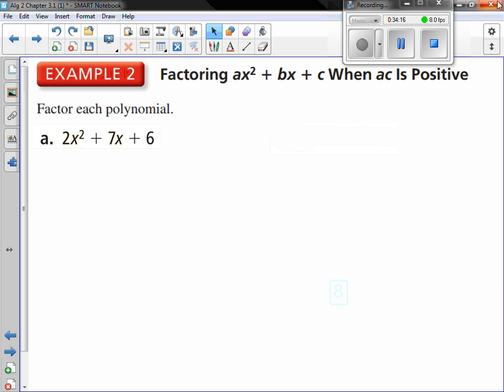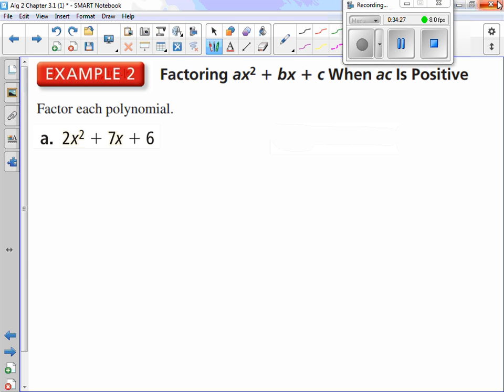I want to look back at this one. We might not get done before the bell completely, and I'll give you the answer as soon as the bell rings. But there's one thing I want to pay attention to. Is there a greatest common factor between 2, 7, and 6? Well, 2 and 6 there is, but not 7, correct? Okay.